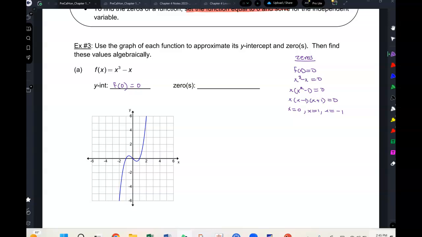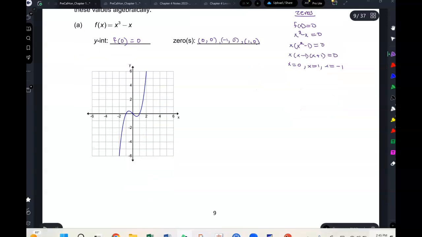But when I write it, I'm going to write the zeros in coordinate form. Like this. Isn't that fun? So the y-intercept also happens to be a 0, which is fine. It can double.